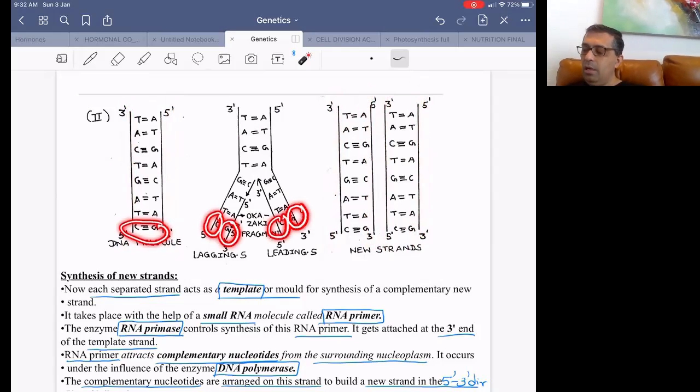New C. This was TA. What did old T get? New A. What did old A get? New T. So CG: old C got new G, old G got new C. TA: old T got new A, old A got new T.